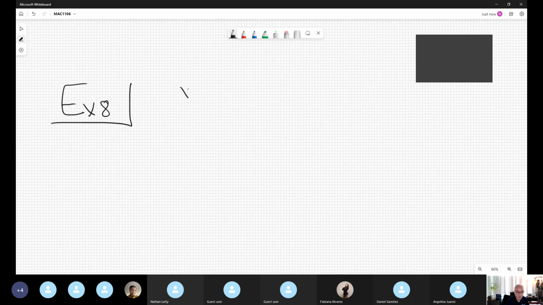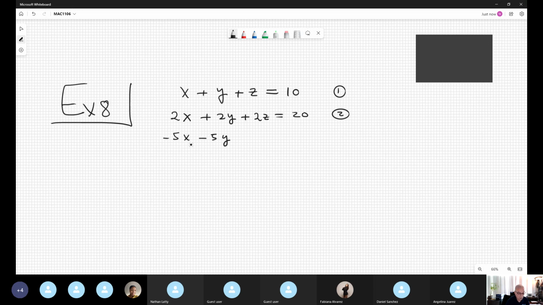It is x plus y plus z equal to 10, equation 1. 2x plus 2y plus 2z equal to 20. And equation 3 is minus 5x, minus 5y, minus 5z equal to minus 50.